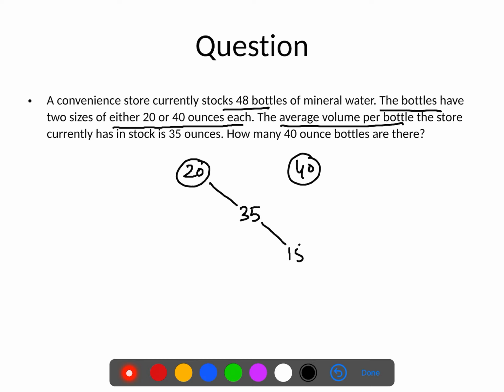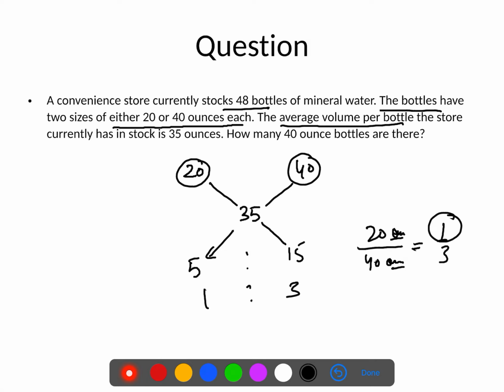Take the differences, 15 and 5. 5 is to 15, so 20 ounce bottles upon 40 ounce bottles, the ratio is 1 is to 3. So let's say this is x, this is 3x. So x plus 3x is given as 48. So 12 plus 36. That's the number we need. So 30.